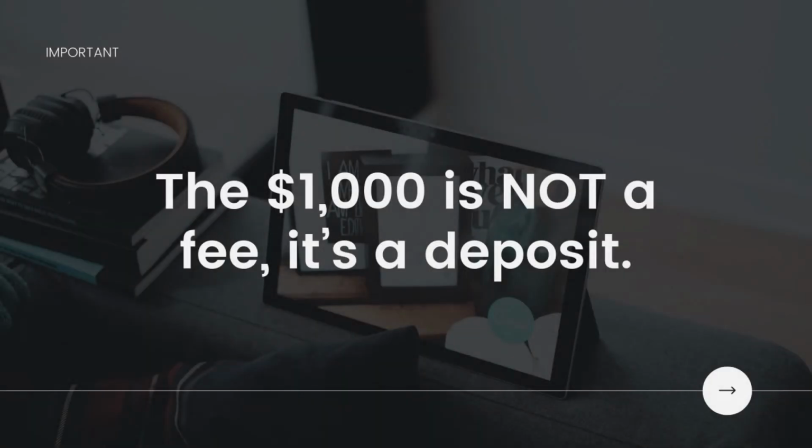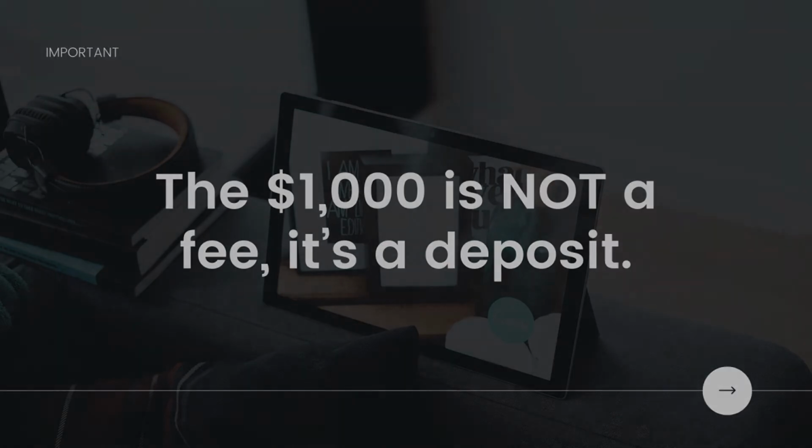The $1,000 is not a fee, it is a deposit. You get it back when you close your trade. Of course, any gains or losses will be deducted or added to the remaining cash balance in your account.